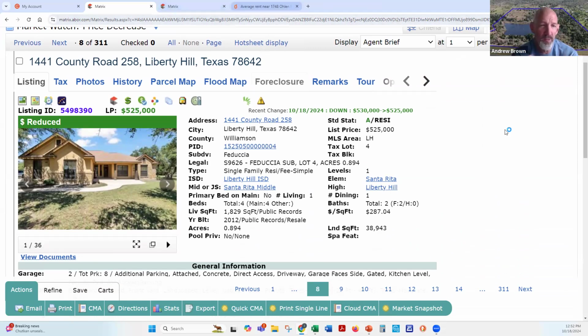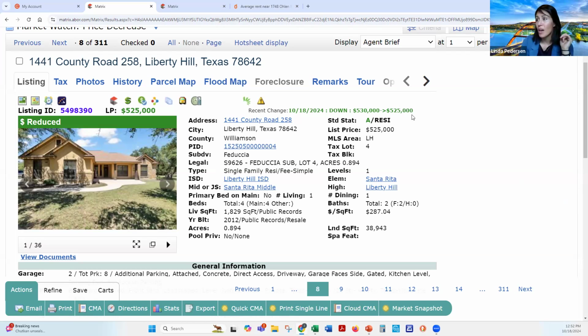But this one, like the one Linda's showing right now, without looking too far, the yard's manicured, the outside looks well maintained. And the 525 out in Liberty Hill, 525 is the median for Austin, and this is on the outskirts. So this is a much nicer house and a higher price point for the area that it's in.